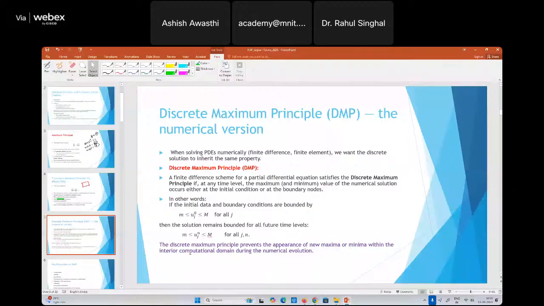At least the bounds of that solution we can check through the discrete maximum principle. What the discrete maximum principle is telling, as we have written it very crisply: a finite difference scheme for a partial differential equation satisfies the DMP if at any time level, the maximum and minimum value of the numerical solution occur either at the initial condition or at the boundary nodes.